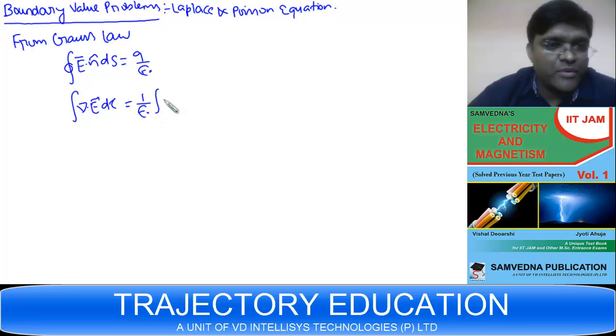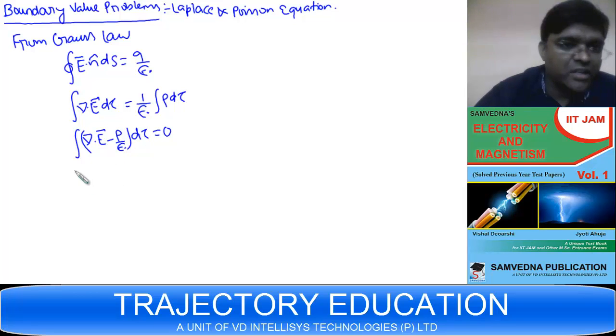Q can be written as the integral of rho d tau. All this can be written as the integral of (del dot E minus rho by epsilon naught) d tau equal to 0. Since this integral is 0 for the volume enclosed by any arbitrary closed surface, the integrand has to be 0.